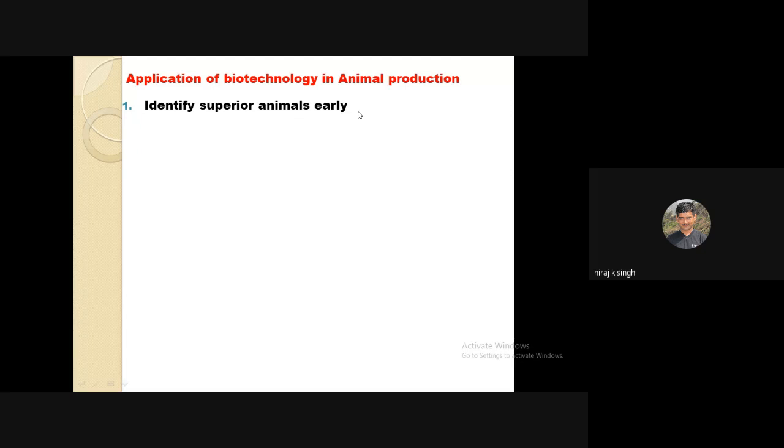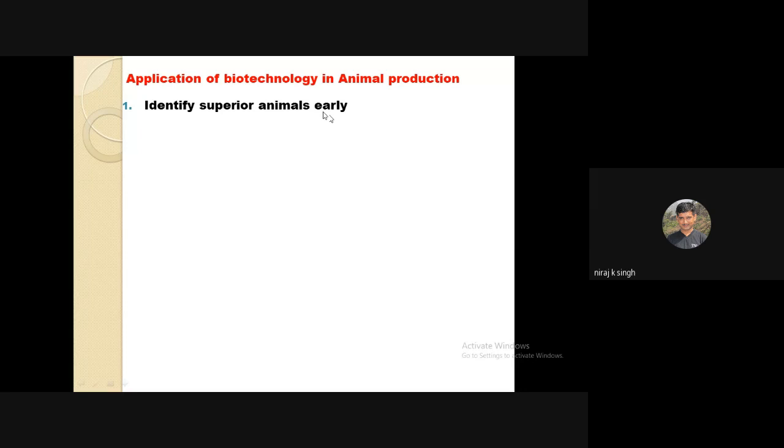Normally, suppose we want to characterize animals for some specific purpose, like milk yield. We want to know how much milk this animal yields. For that, we have to wait until at least the age of 4 or 5 years of a cattle, because only after the first and second calving can we find out whether this animal is a high yielder or a low yielder.